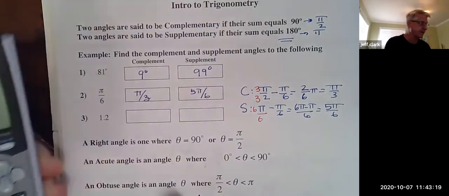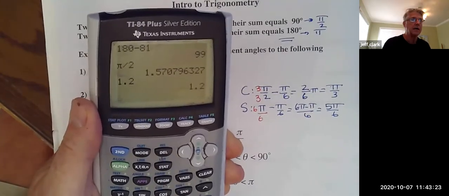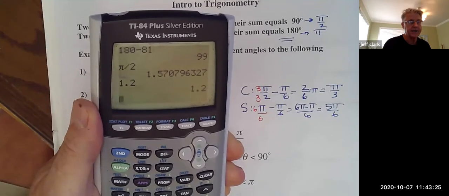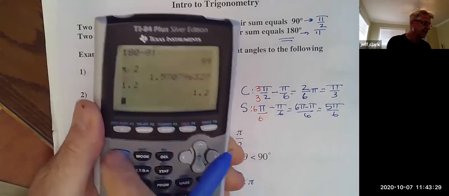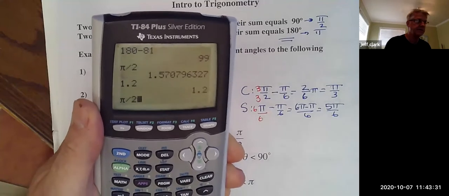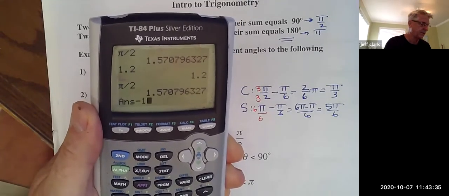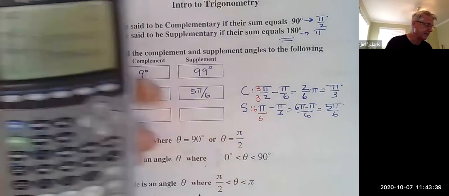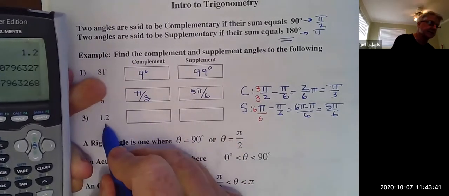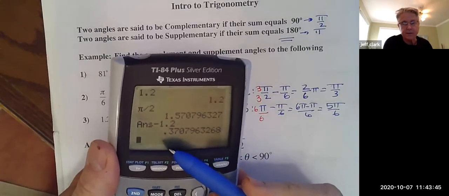Okay, and then I'm going to subtract what I was given, which is 1.2. And I didn't subtract it, my mistake. Let's try that again. Pi divided by 2, and then I'll subtract 1.2. Okay, there you go. 0.37. Let's say it's one decimal place. Since I have it there, I might as well do one decimal place. So it's approximately 0.4.